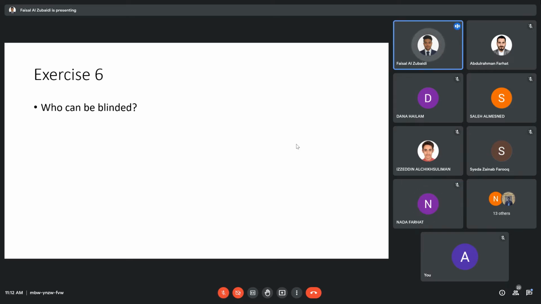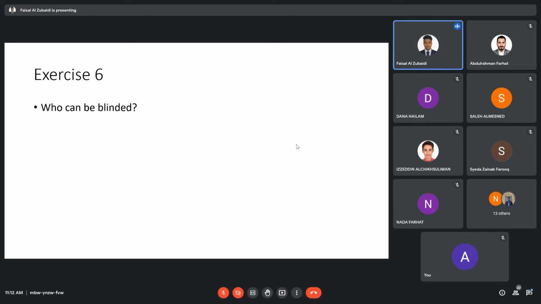So it can be on multiple levels, like the researcher committee: there is the one who will allocate the patient, and then the one who will take the data from them, whether objectively or subjectively. And finally, the one who will analyze the data once they have it. So it can be on multiple levels other than the patients themselves.